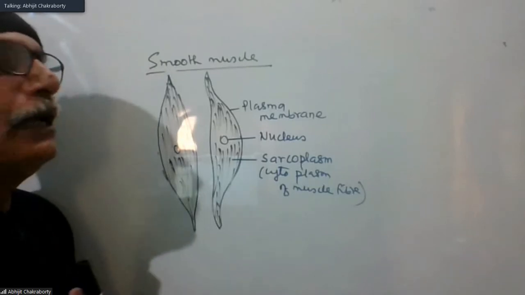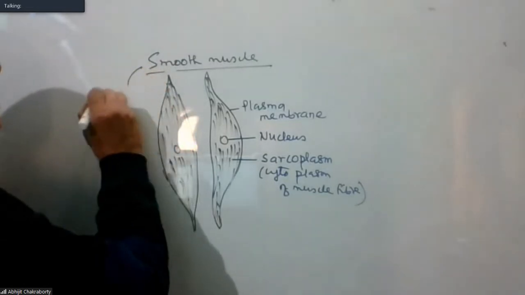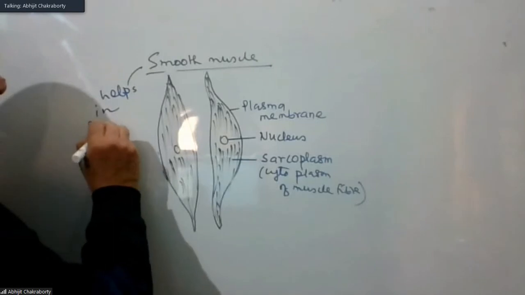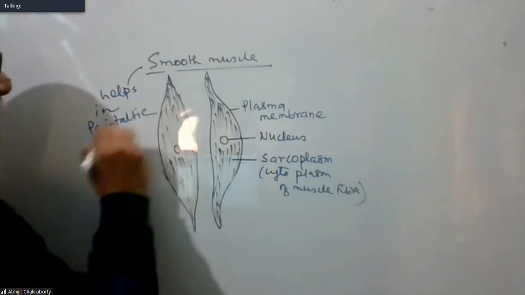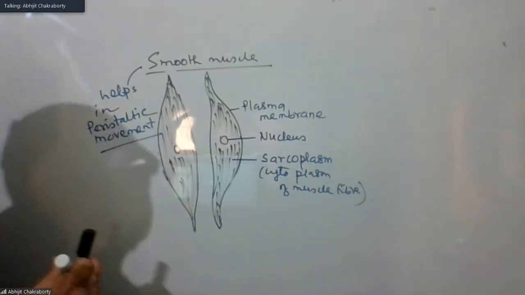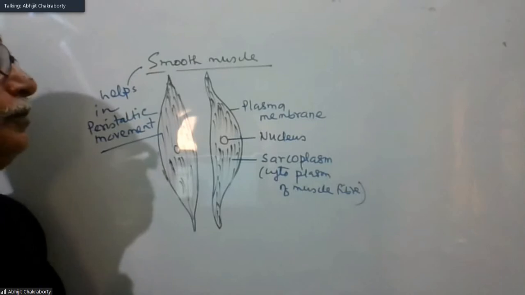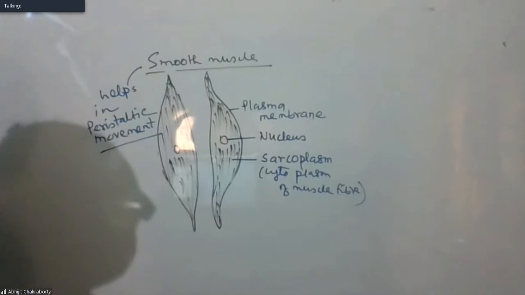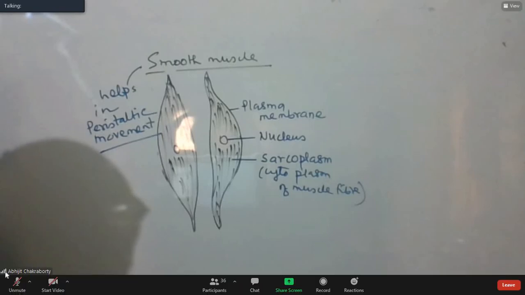Mainly it helps in peristaltic movement. Smooth muscles help in peristaltic movement. Clear? Okay.